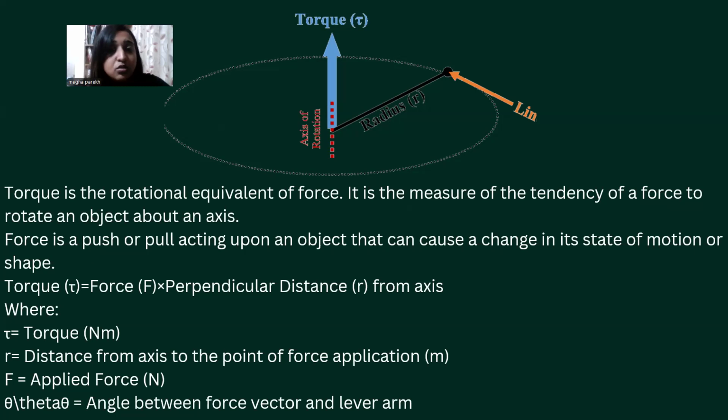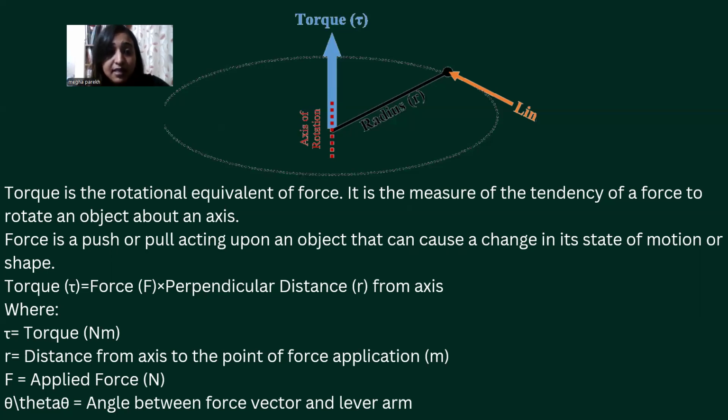So going to the basics before understanding the PMMC instrument, let's learn what is torque. Here we can see an image where the torque is shown as a blue arrow and this is the axis of rotation, and here is the angle theta and the radius r is shown, and this is rotational motion. Torque is the rotational equivalent of force. Now what is force?